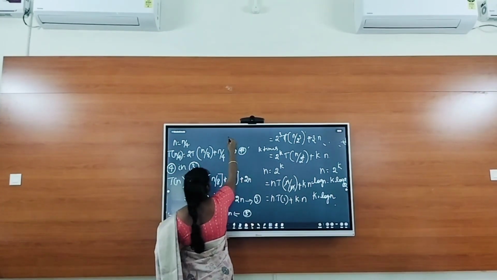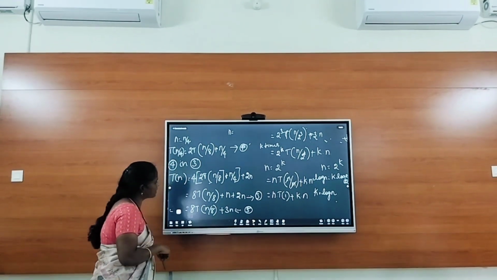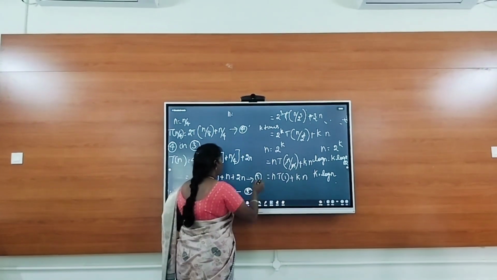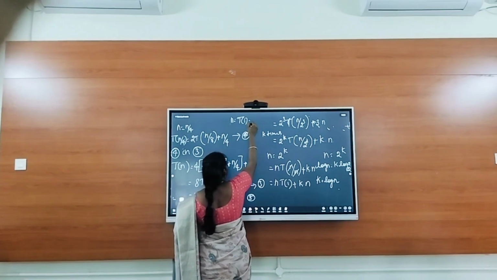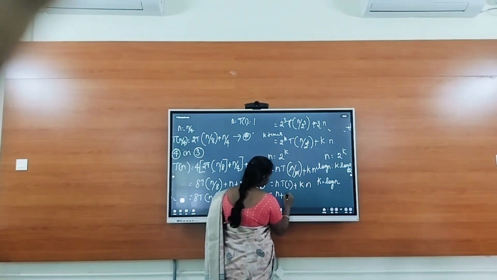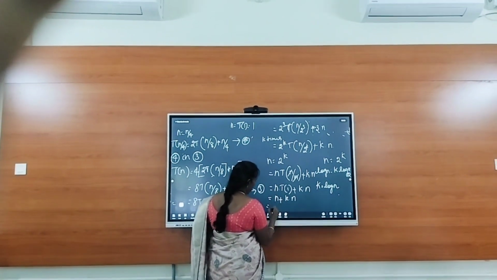If n is equal to 1, so the input size n is equal to 1, then at least one comparison will be made. So for n equal to 1, T of 1 is equal to 1. So n plus k into n. What is the k value? It is log n.